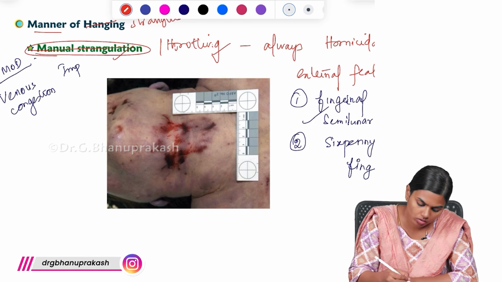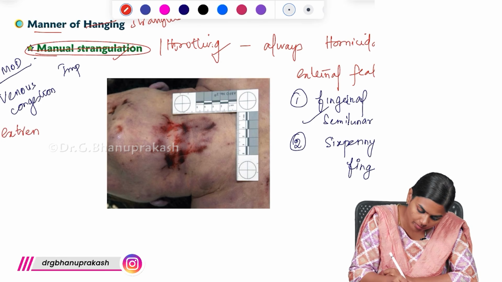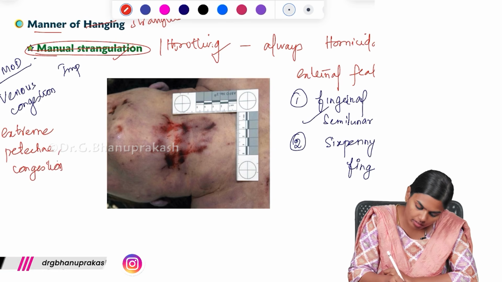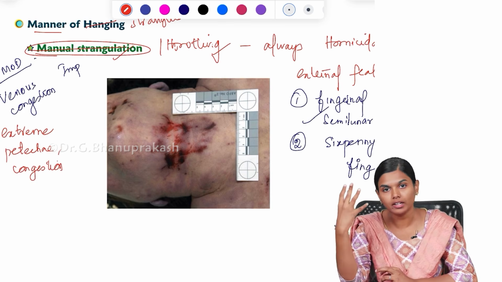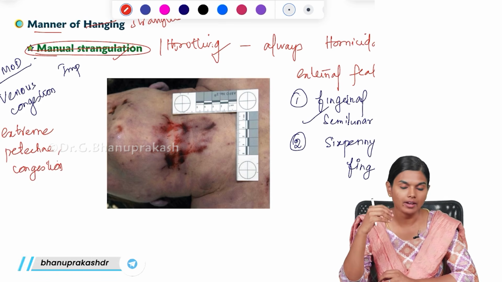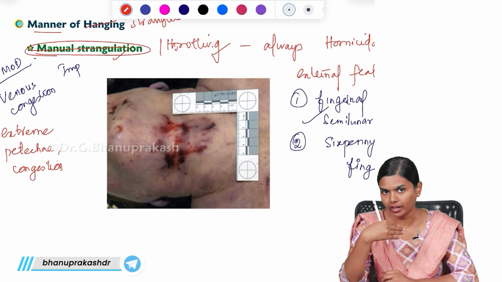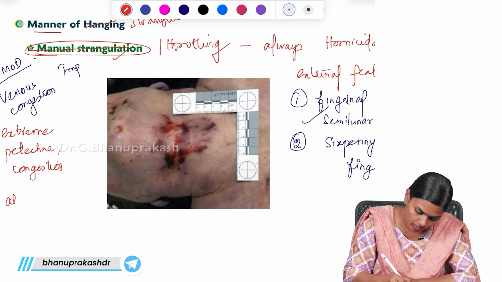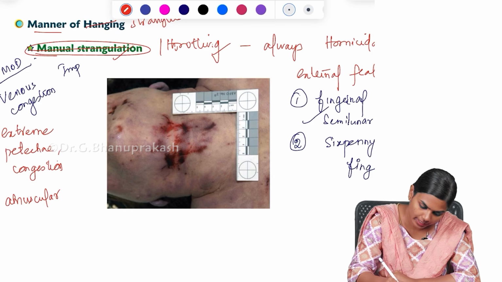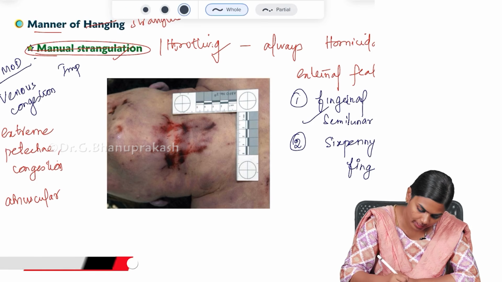Because of this venous congestion, you will see extreme congestion, so the face will be completely darkened or bluish in color. And when you cut open the neck, you will see a lot of muscular tears.